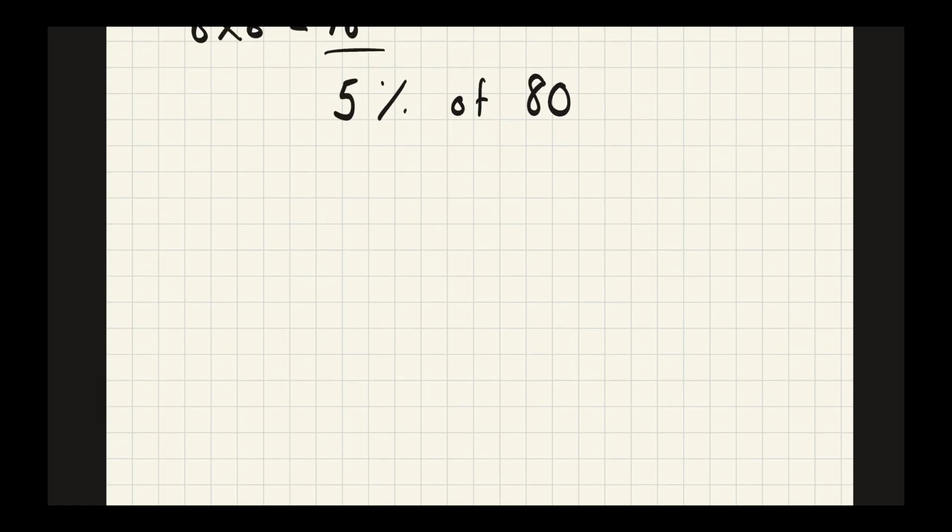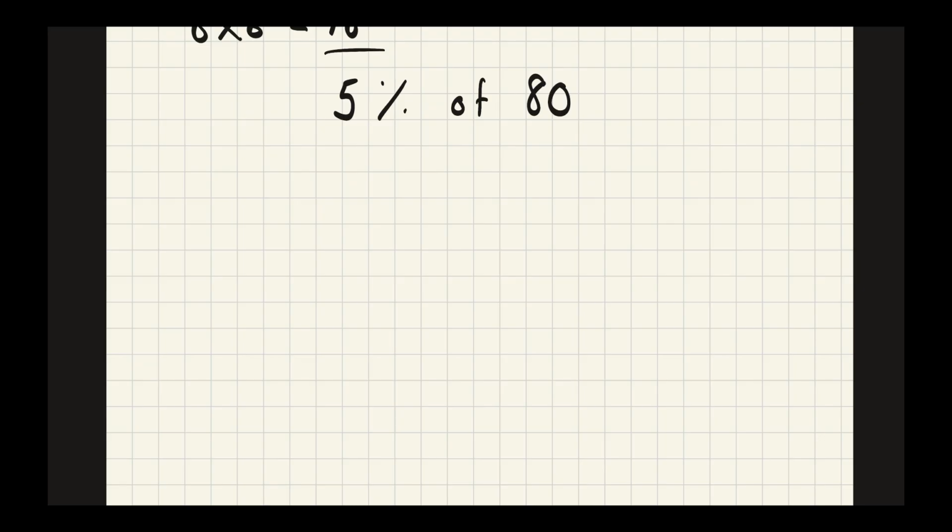Now let's get into a different example. Forget about the sales. We just have, what is 5% of 80? You might be thinking in your head one day, for some reason, what is 5% of 80? Now, we can follow the same idea or bring in a new idea.